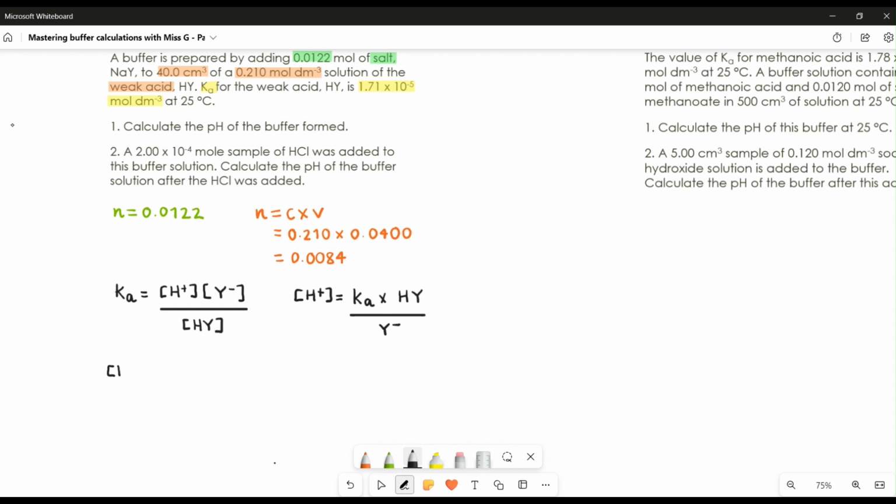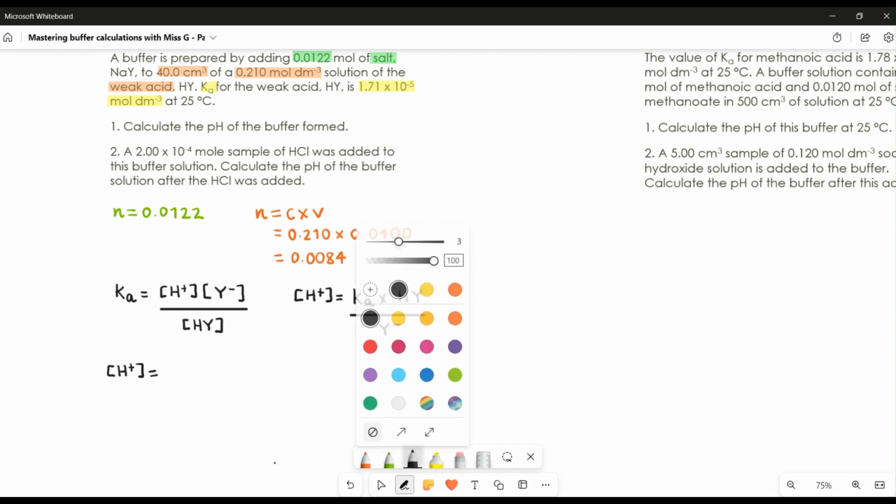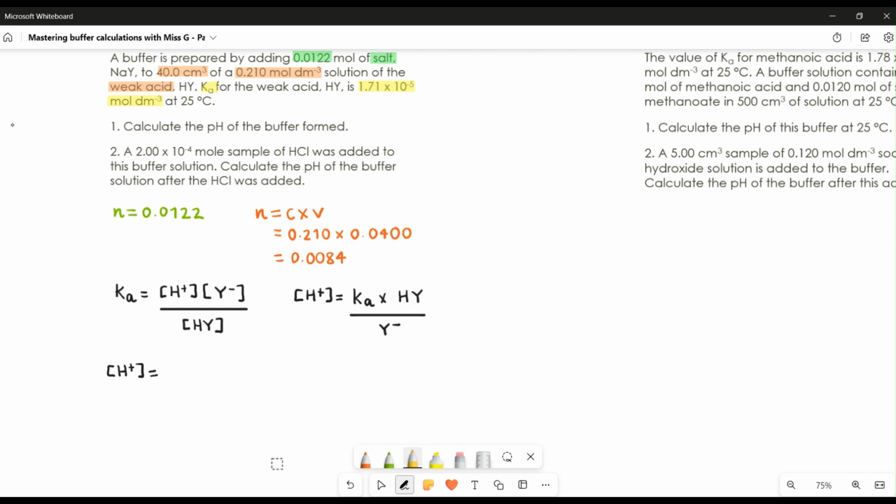So the H plus concentration is going to be equal to the value for Ka, which was given to us in the question as 1.71 times 10 to the minus 5. I'm then going to times that by the moles of the weak acid, which is 0.0084.